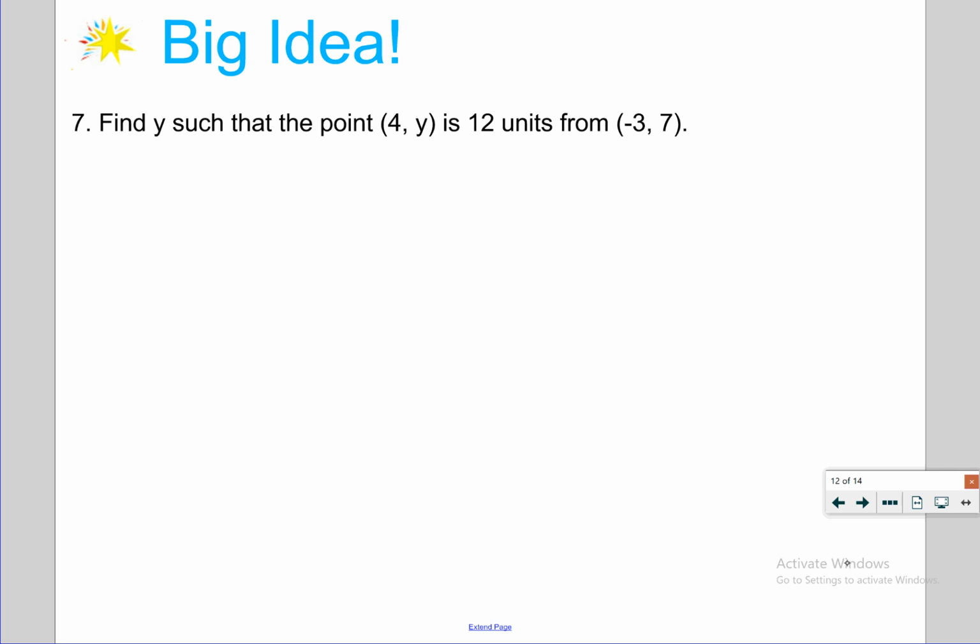Decimals are not exact answers if you have to round them. Right?